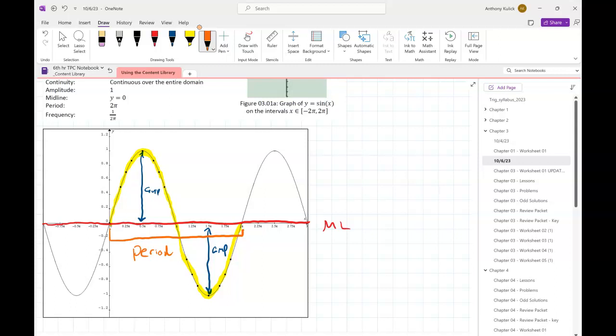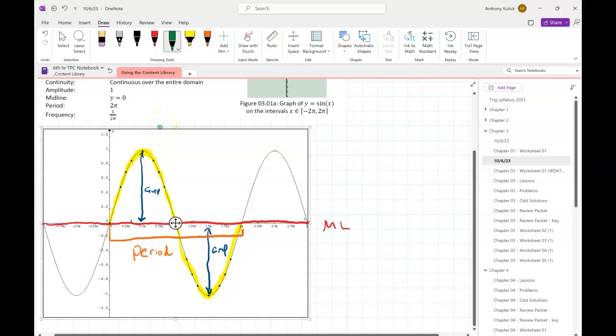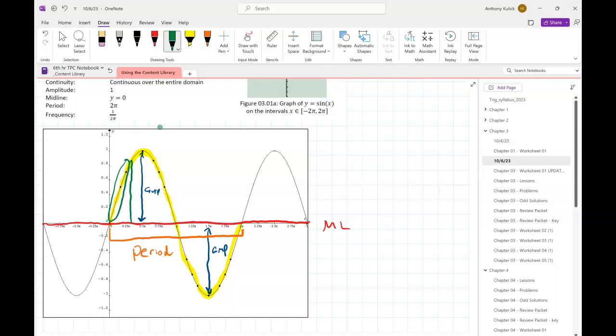And then the frequency is basically how much of our period do we cover in one unit. So if I find the number 1 on my number line, it would be around there. And it's saying that this part of the graph is 1/2π of my graph.